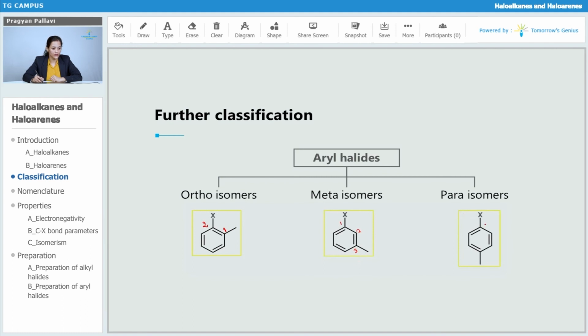And when the halogens are attached at 1 and 4, so 1,4 substituted, they are called para isomers. So these are the classifications based on the number of halogen atoms as well as the position of halogen atoms in arene.